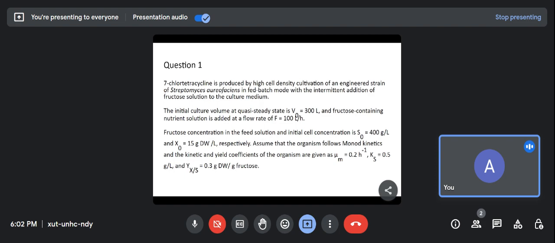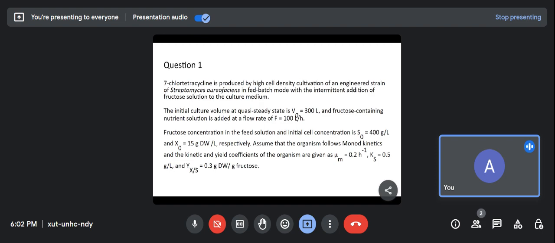Fructose concentration in the feed solution is given as S naught equals 400 gram per liter. That is the fructose concentration in the feed solution. And the initial cell concentration X naught is 15 grams dry weight per liter.